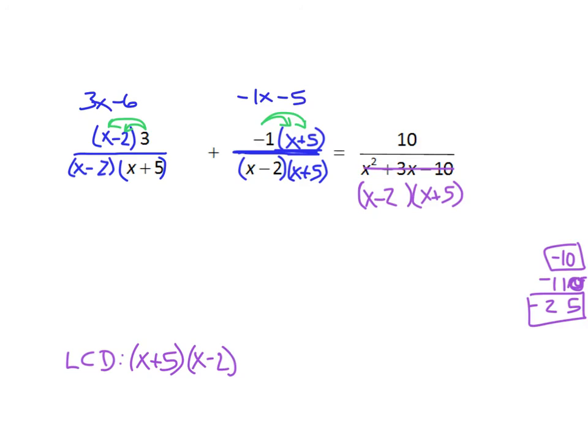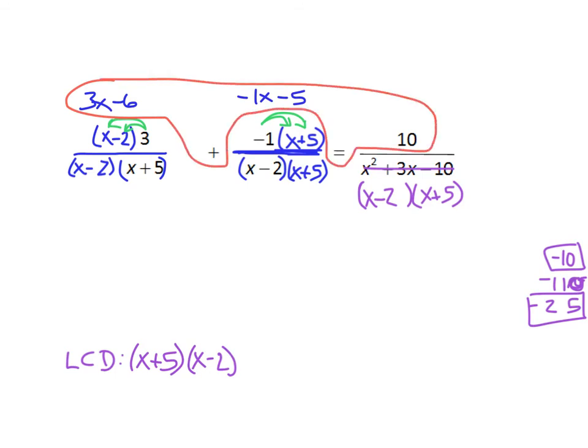And now I am ready to solve the equation that's in the numerator. Okay, so what I have is this first fraction, I have this as the numerator, plus the second fraction, this is in the numerator, equals the third fraction, this part is in the numerator. So that's all I need. So 3x minus 6 plus negative 1x minus 5 equals 10.